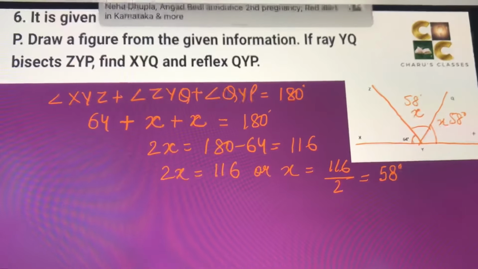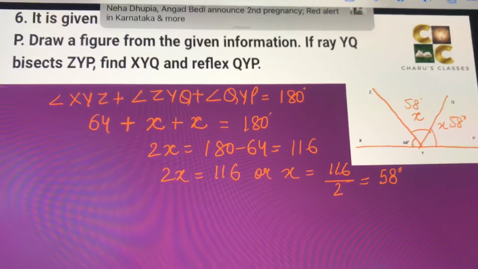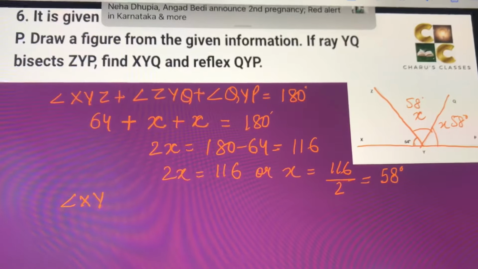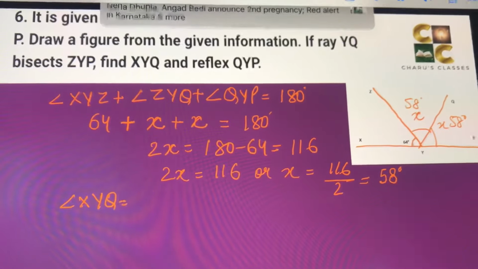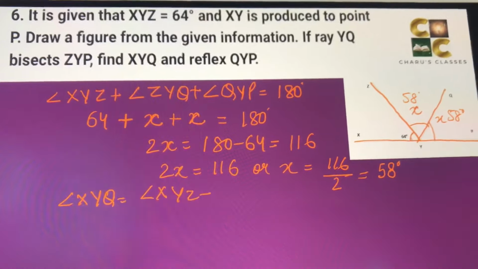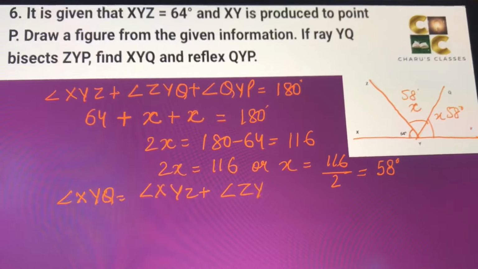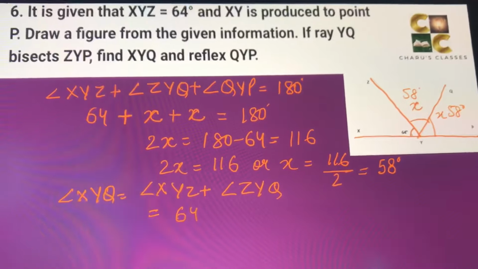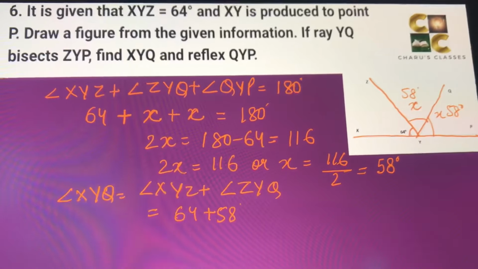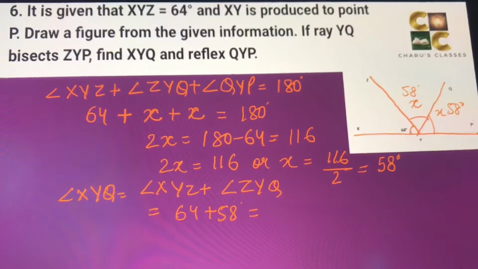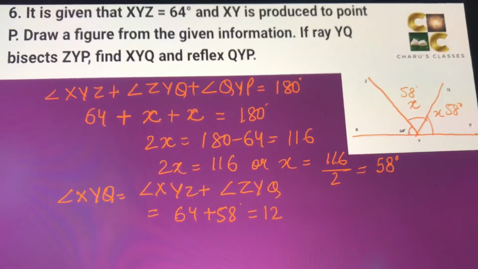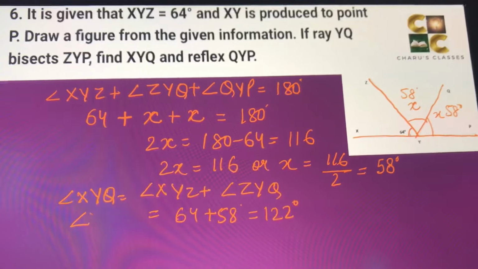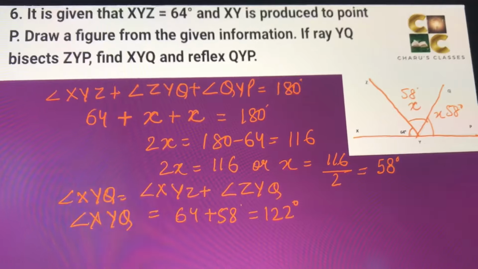So this angle and this angle have come to 58 degrees. They've asked us to find angle XYQ. So angle XYQ is the sum of XYZ plus angle ZYQ. So this is equal to 64 plus 58 degrees, or the sum is 122 degrees. That is my angle XYQ.